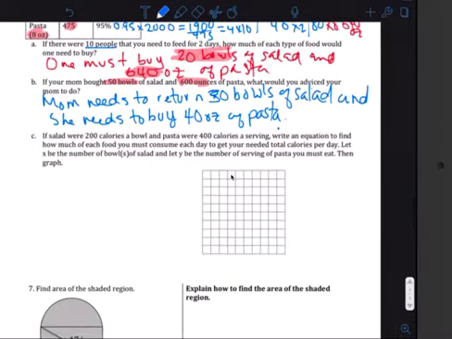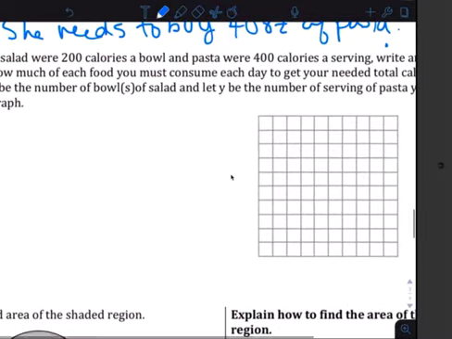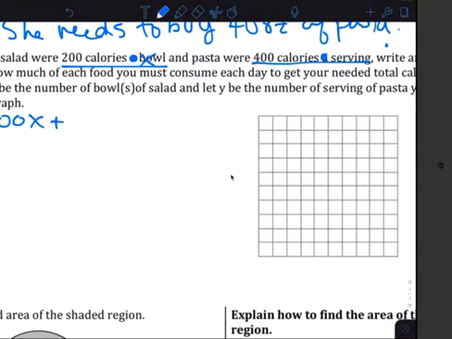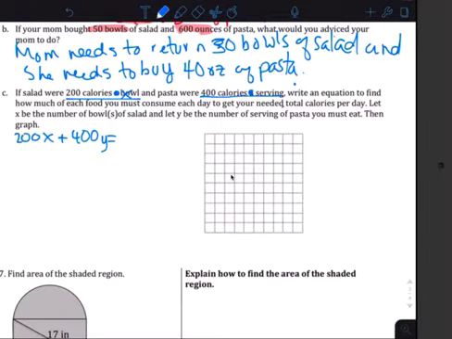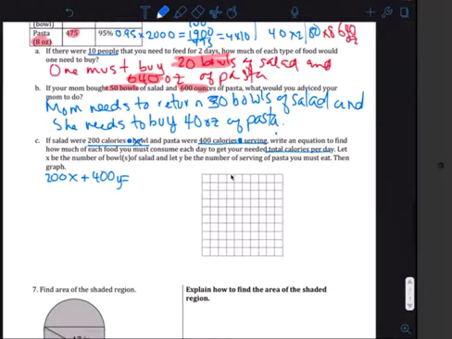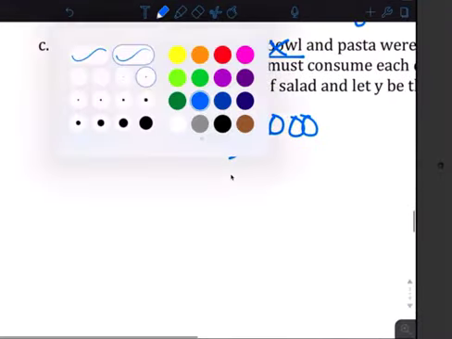Okay, so here, calories, so 200 calories, A means times, so 200x plus pasta, 400 calories a serving times 400y. Write an equation for total calories consumed per day. Total calories per day is 2,000. Use the x-intercept.